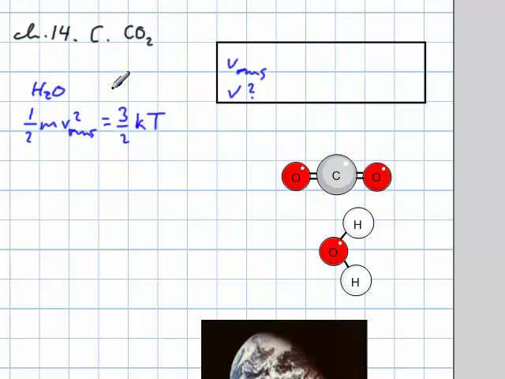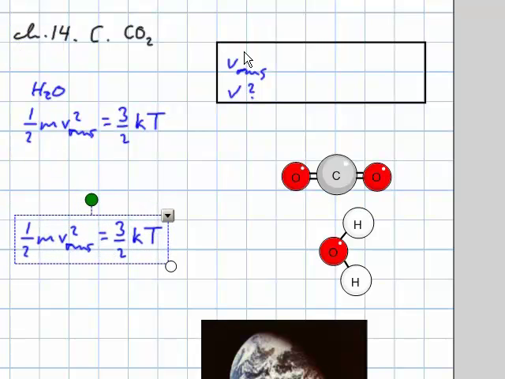In H2O there would be 18 of them, 1 each for the H and 16 for the O. So we figure out what the mass is, then we figure out what the temperature is, and then we use the same equation and plug that in for the CO2.